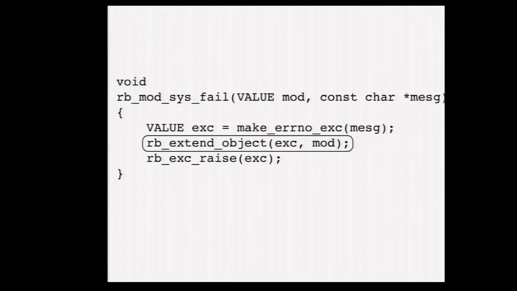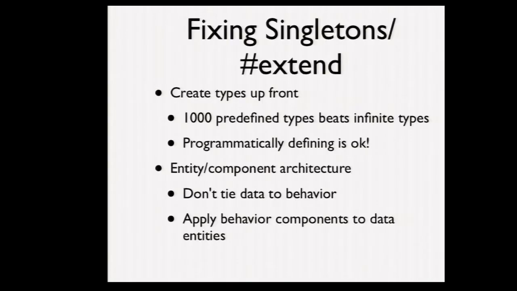So how do we fix this sort of problem? Well, it's not actually that difficult. You can create some of these aggregate types up front. It's much better to have 100 or 1,000 or 10,000 classes that you create up front, maybe define them programmatically, but define them at the beginning of the program, rather than constantly generating new types, infinite numbers of types at runtime every time you make a call. So that's a straightforward way.